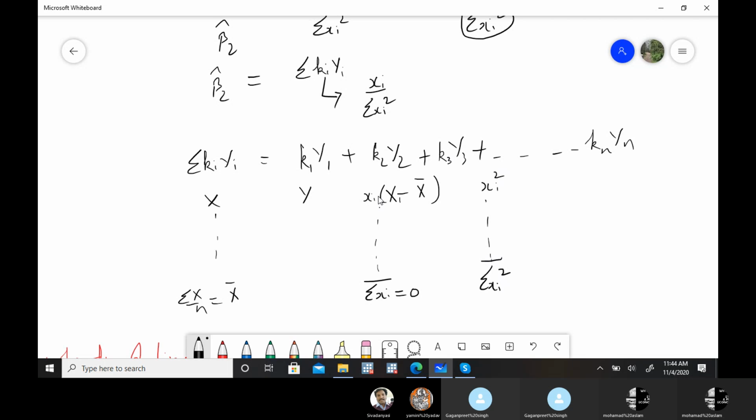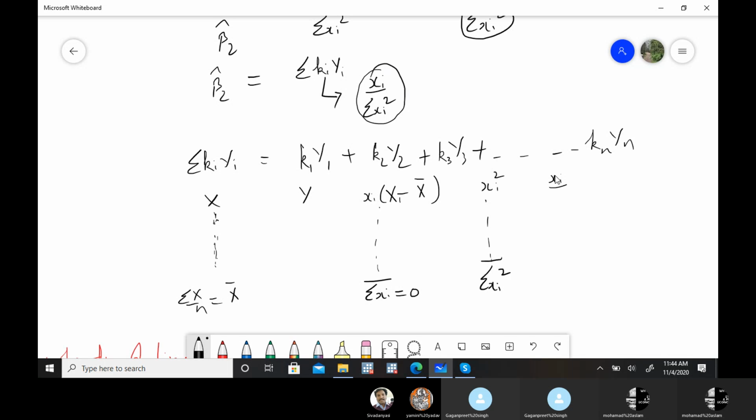Now you individually divide all these values, xi upon this value. For all the samples, we said that these x values are fixed in repeated sampling. So this term is fixed in repeated sampling.